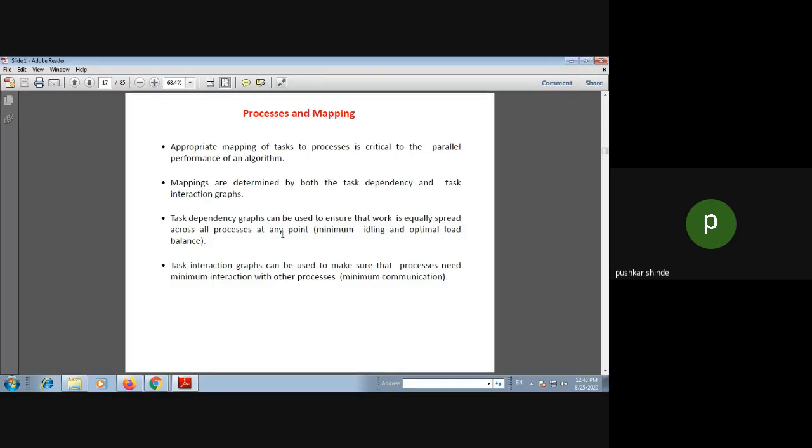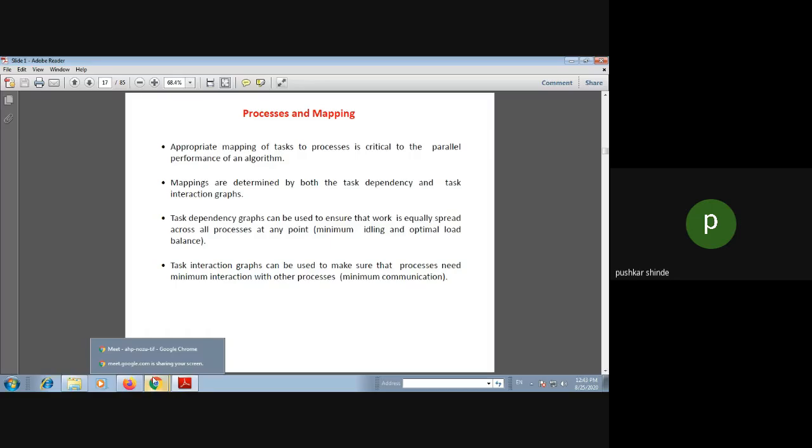The task dependency graph can be used to ensure that work is equally spread across all processes at any time. Minimum idling and optimal load balance. So the task dependency graph is used to ensure that work gets equally spread across all processes. What does the task dependency graph give?